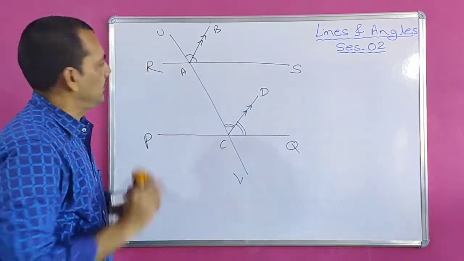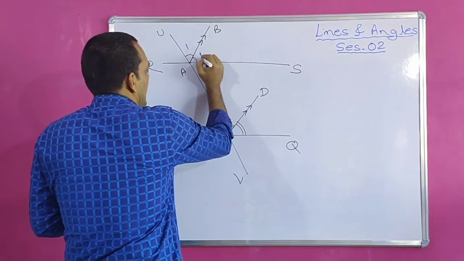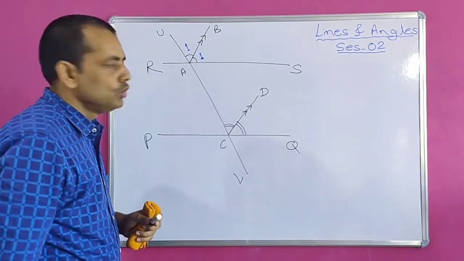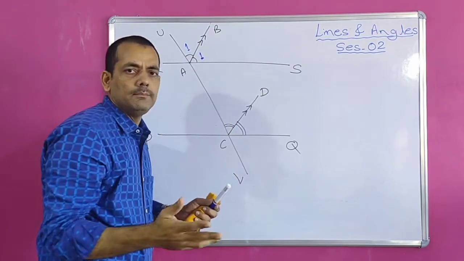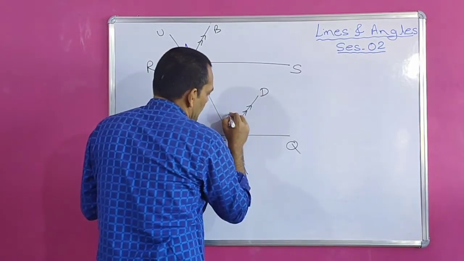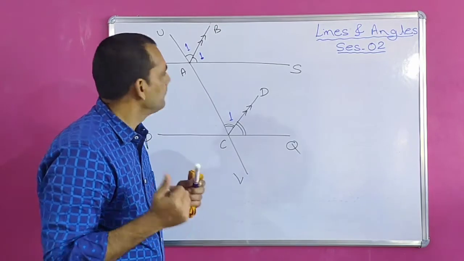Coming to the explanation, let's name these angles 1, 1. Because they are angle bisectors, both of these two angles will be the same. The value of ACD will also be 1. Why?